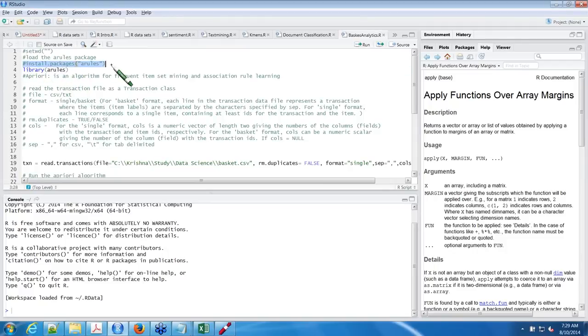We can install the package if it is not present in your R, and as usual set the working directory to read data from and write data to a particular location.